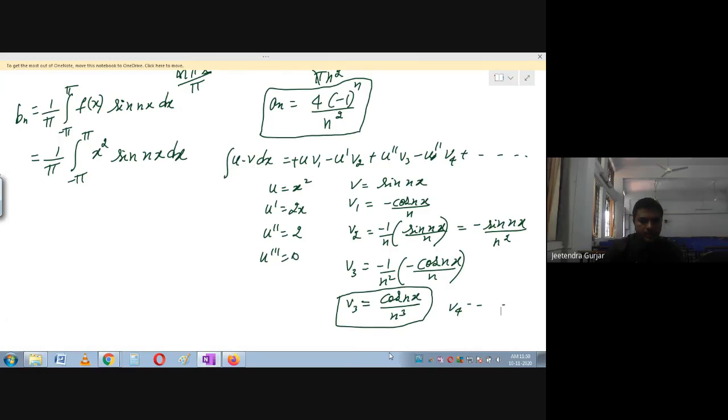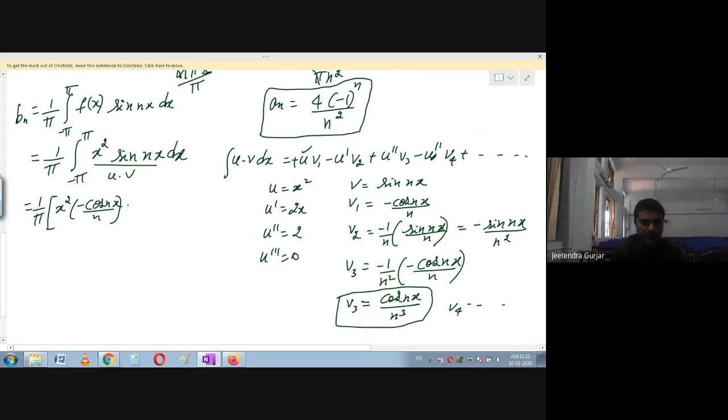Now we'll substitute one by one using the formula, Bernoulli's rule. I'm going to substitute 1 upon pi, I will write as it is. Integration of u into v is this. I'll substitute first u, x square. v1 will be minus cos nx upon n.